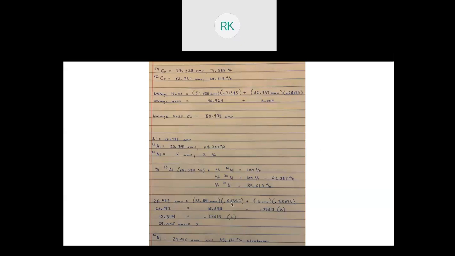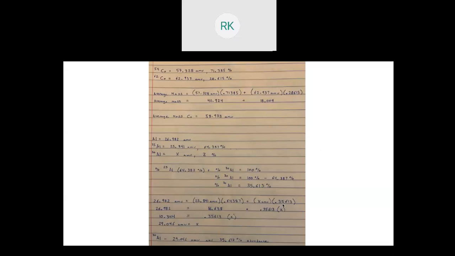So 64% is about 0.64. That is all the information regarding aluminum 25, and we're going to add that to the information we have about aluminum 30. We don't know the mass of aluminum 30 yet, but we do know that it has a percent abundance of 35.6%, which we convert to a decimal, 0.356.